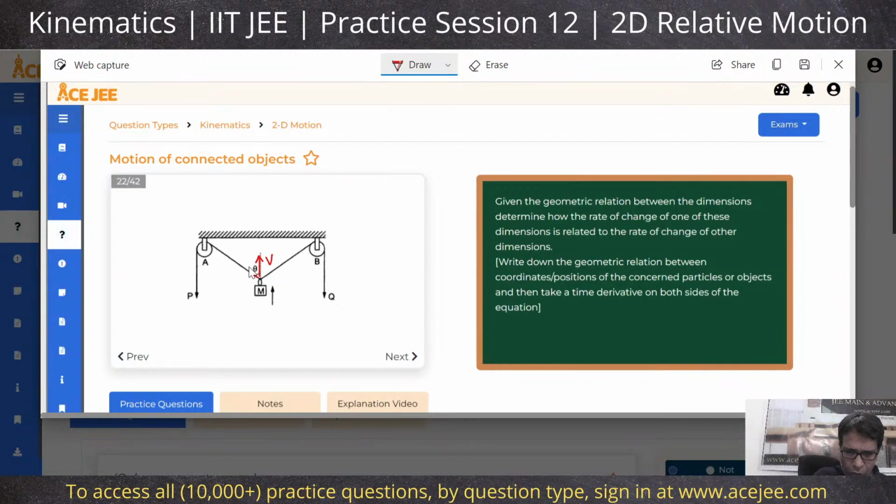So if you look at the components of the V, it will have a component like this in this direction. So there'll be V cos theta. So in other words, the string is moving in this direction, or you can say that in some ways the mass M has a component in that direction, which is V cos theta, and that should be equals to U. Okay, so V is U cos theta.